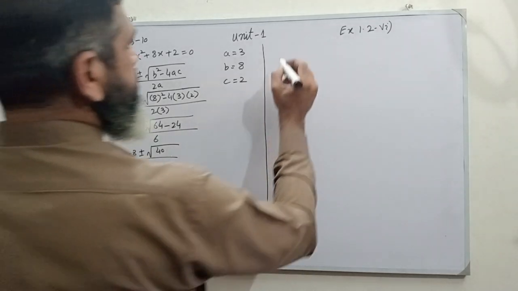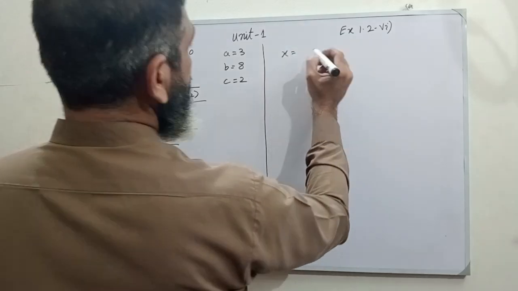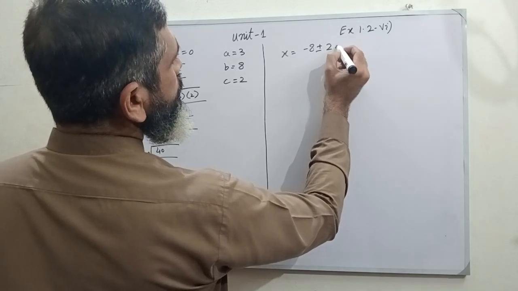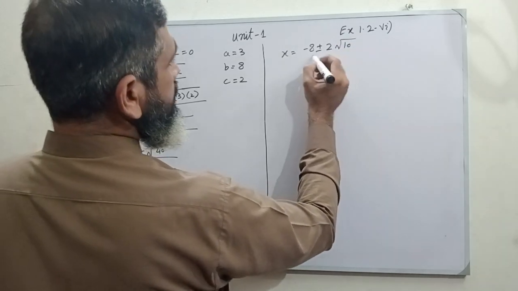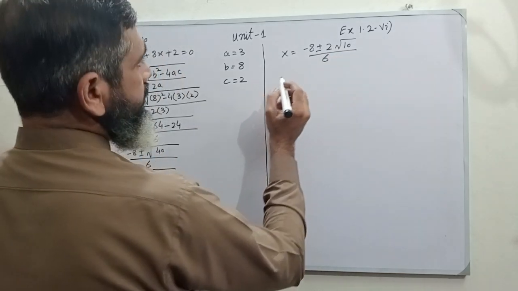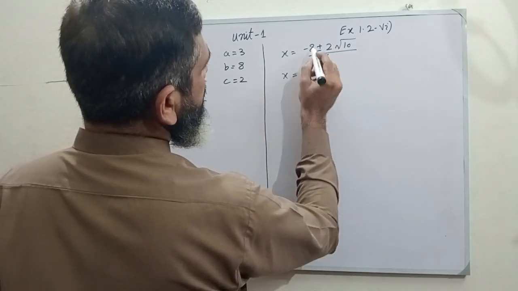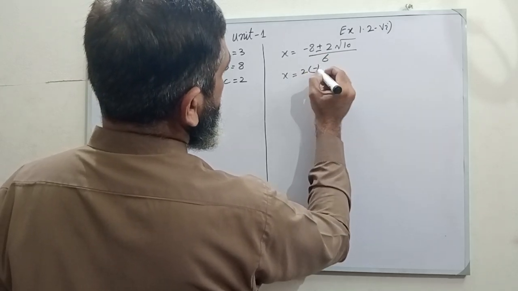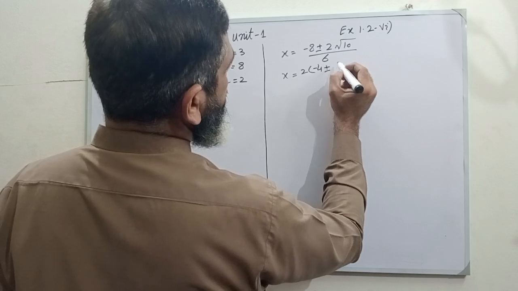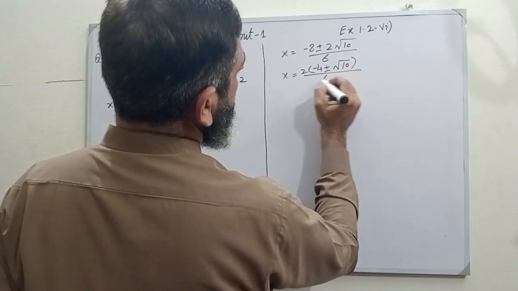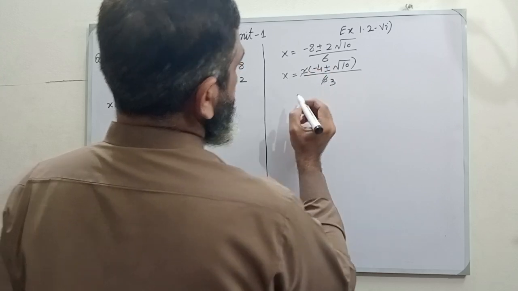Okay, x is equal to minus 8 plus minus 2 under root 10 over 6. We will take the common 2, so it becomes minus 4 plus minus under root 10 over 6. 2 3s are 6.